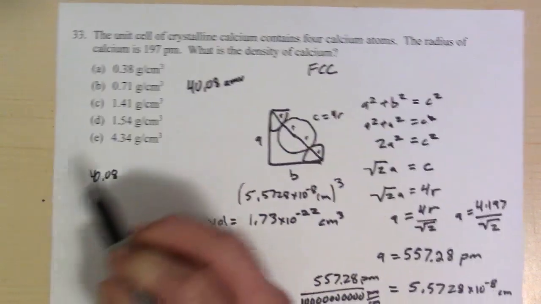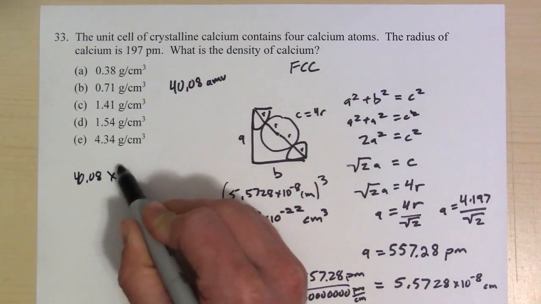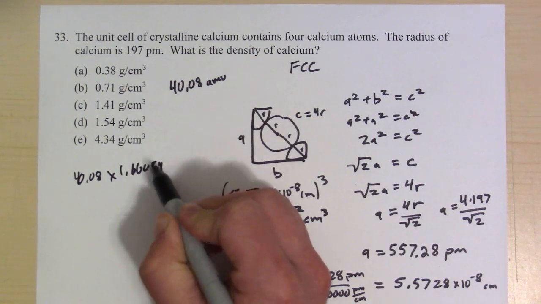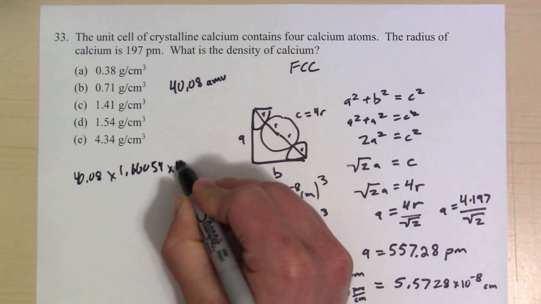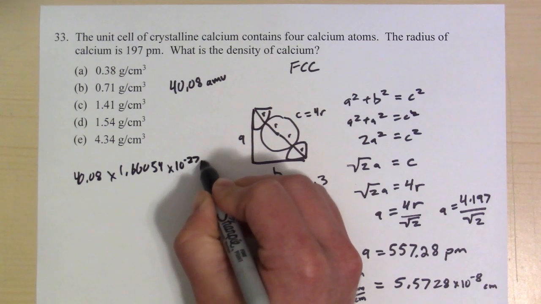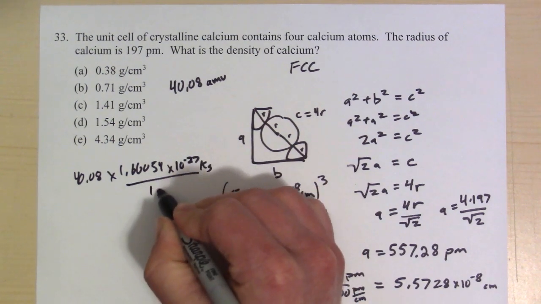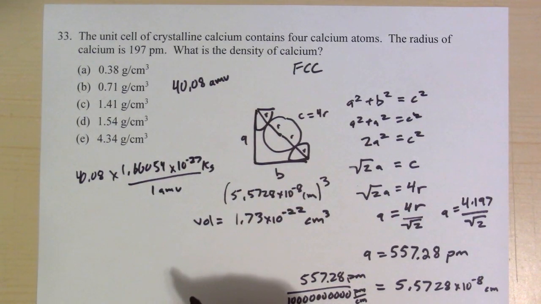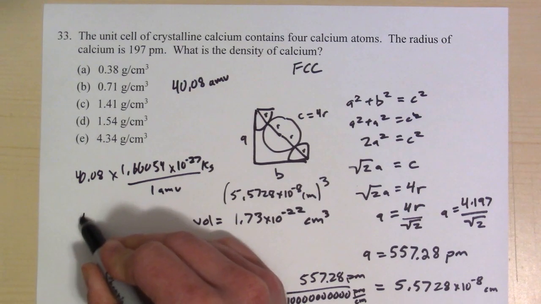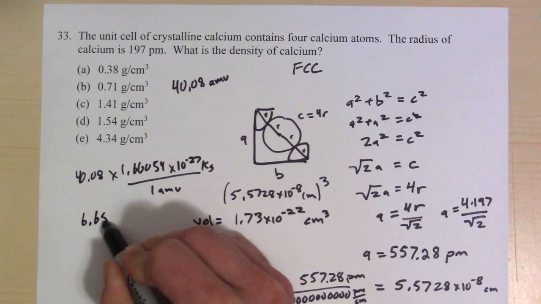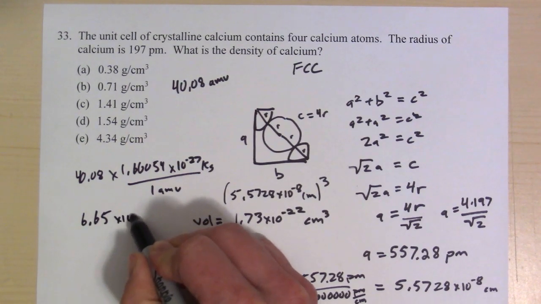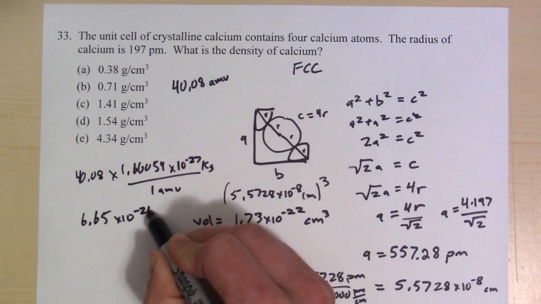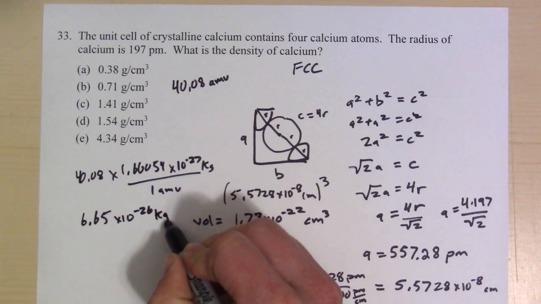So if we multiply 40.08 times the conversion factor, 1.66054 times 10 to the negative 27 kilograms over AMU, that is going to give us 6.65 times 10 to the negative 26 kilograms.